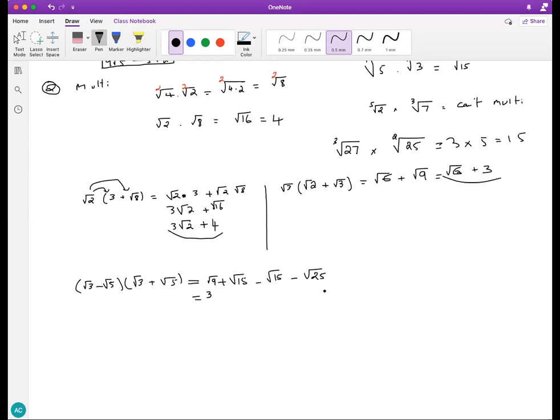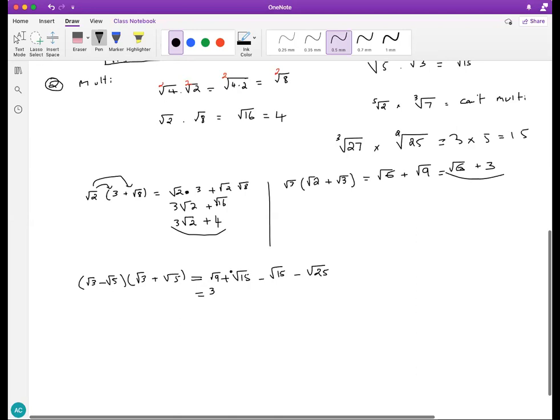And then what happens here? We have positive radical 15 minus radical 15. What happens to these? They cancel, right? Plus one thing minus the same thing, so these cancel each other out.